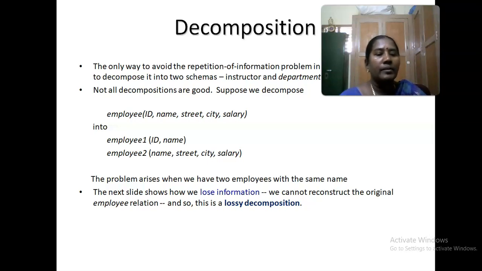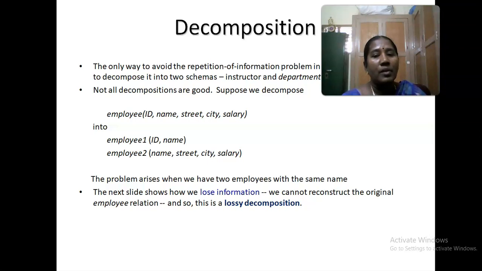Employee 1 consists of only ID and name, and employee 2 consists of name, street, city and salary of the respective employee. A problem arises when we have two employees with the same name. In that scenario, we face the problem of loss of information. We cannot reconstruct the original employee relation, so the decomposition is called a lossy decomposition.